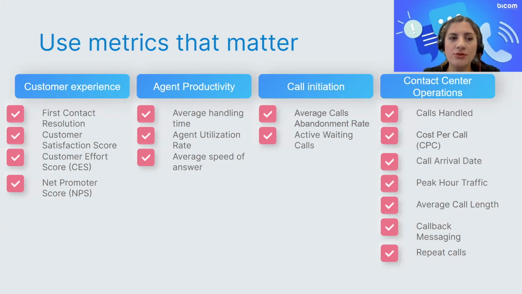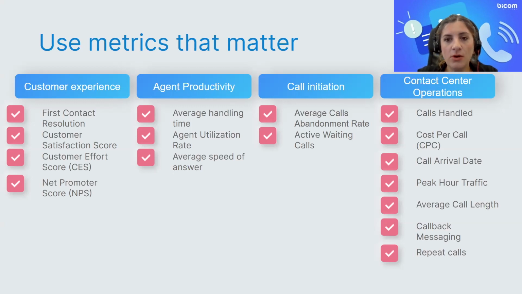When it comes to customer experience, key KPIs would be first contact resolution, customer satisfaction score, customer effort score, and net promoter score. When it comes to agent productivity, you should monitor average handling time, agent utilization rate, or average speed of answer.